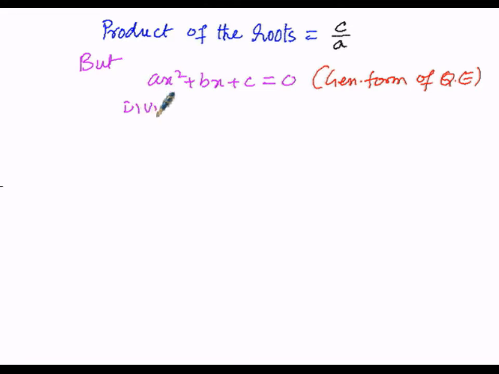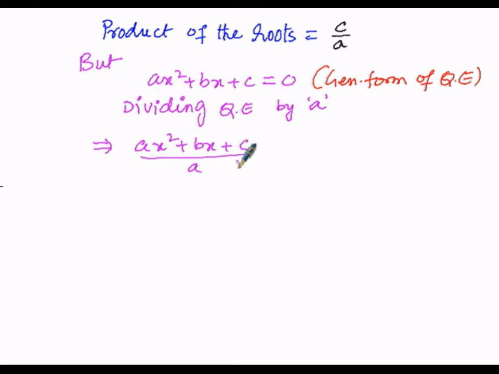So here dividing the quadratic equation by a, both sides of the quadratic equation are divided by a. So that implies ax square plus bx plus c overall divided by a is equal to 0 divided by a.